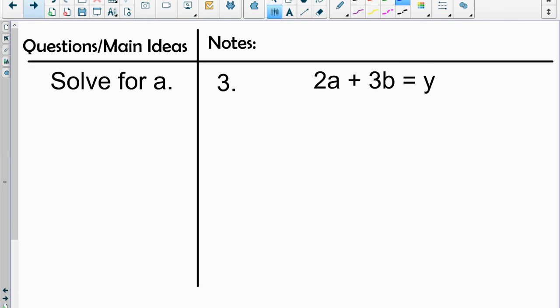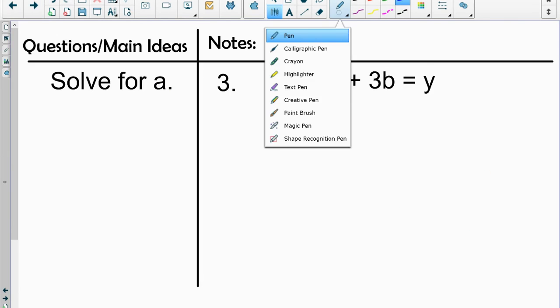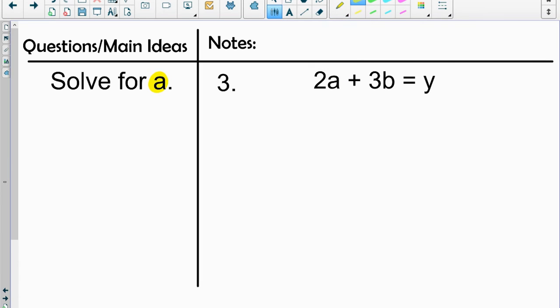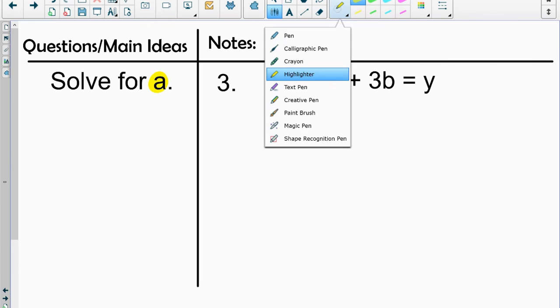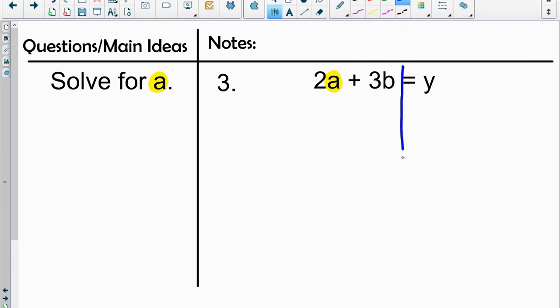Let's look at number 3. It says to solve for a, which means we're trying to get a by itself. So we're going to have to get rid of the 2 that was multiplied by a, and we're going to have to get rid of the 3b. Okay, think of that as one term, the 3b. We can move that all in one step. We're going to start by undoing the addition.